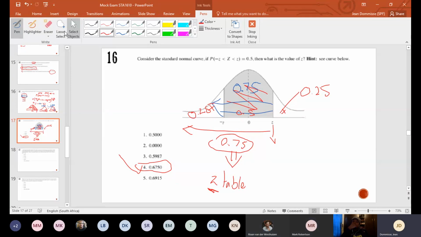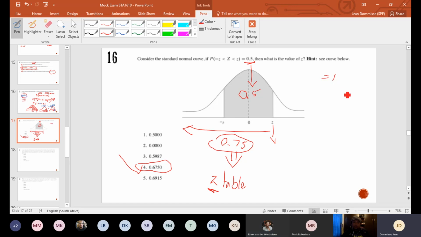Okay, so let's do that. You know that area is 0.5. Yeah, because they tell you that the area between the negative Z and the positive Z is 0.5. Then from probability, we know that everything underneath the curve must be equal to 1.